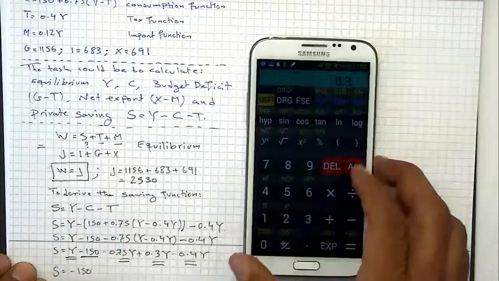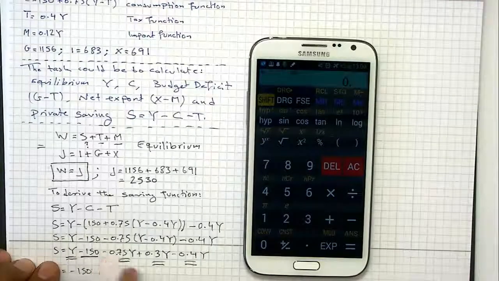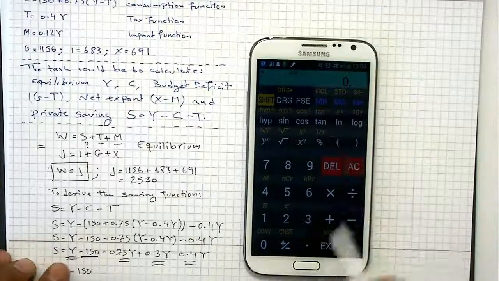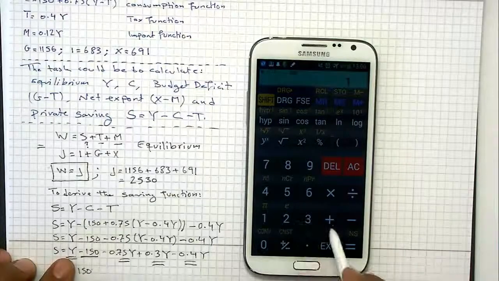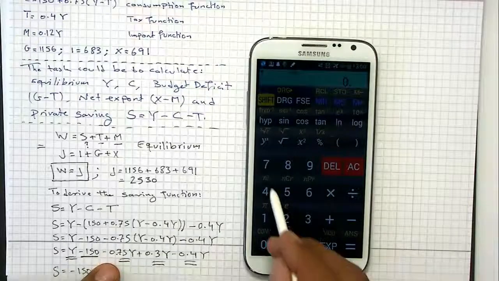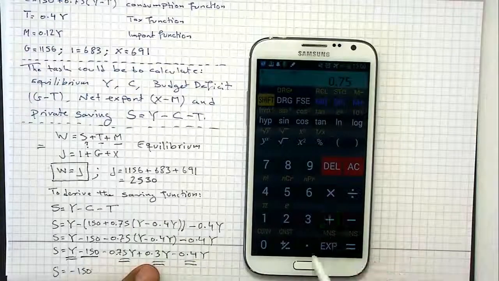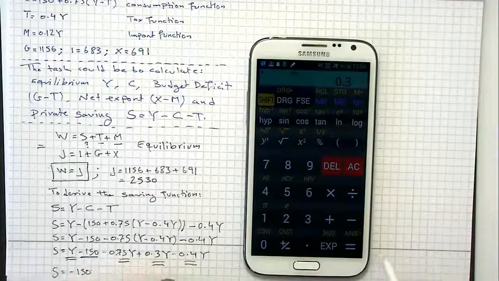To add these terms with Y, I take the coefficient of each of these terms and add together first. So it's 1 here. Then I have minus 0.75. Then I have plus 0.3.